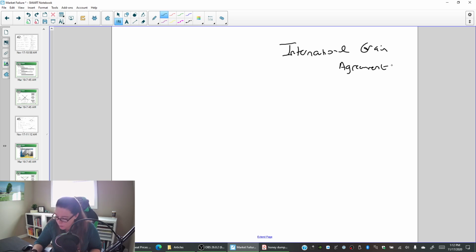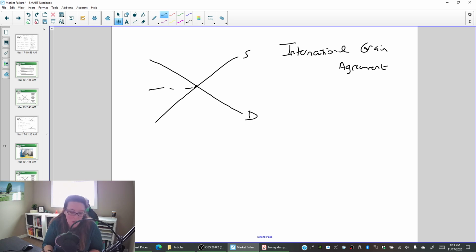A lot of the world's wheat producers all banded together to set this price floor. Demand, supply, price in the market had fallen considerably. It was about $1.25 just prior to the price floor being implemented. They set a price floor at $1.75 a bushel.